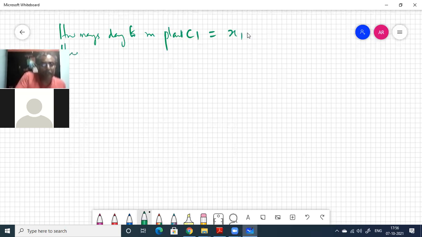How many days to run plant C2, equal to X2 days. These are the decision variables. Now from that you can go for the Z function, the objective function.